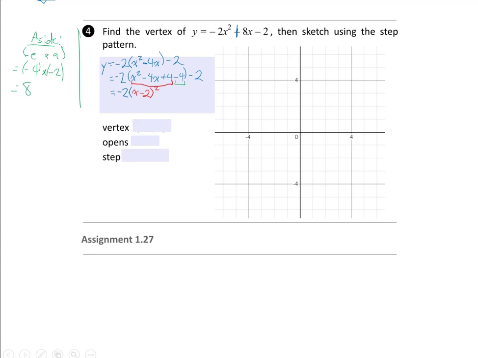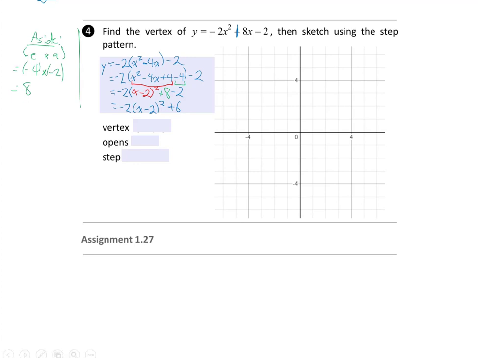So then we move that positive 8 outside of the brackets. We write it right there. Then we are left with our negative 2 at the end. So finally we simplify. Negative 2 times x minus 2 squared plus 6.